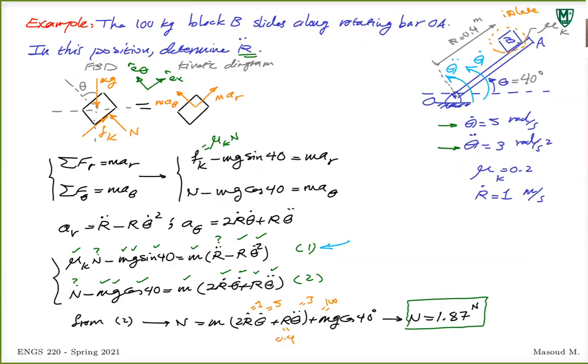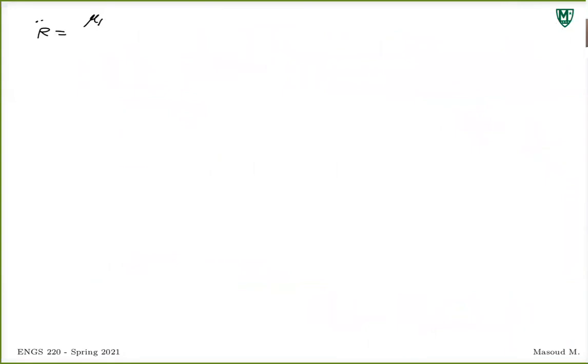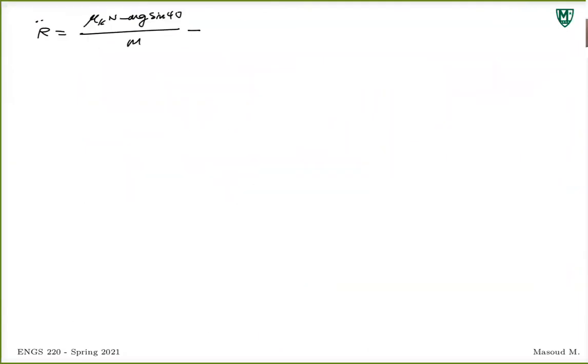So r double dot is, I'm going to go back and forth between these two pages, mu k N minus mg sine 40, divided by m, plus r theta dot squared.